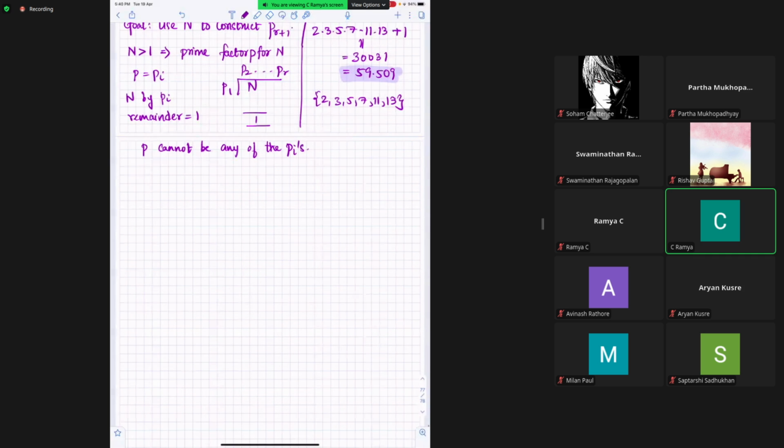Now we have seen how many primes there are. We know that there are infinitely many primes. So now I want to ask, if I give you a number and ask you how many primes are there less than that number, how many would you get? This is about the distribution of primes.